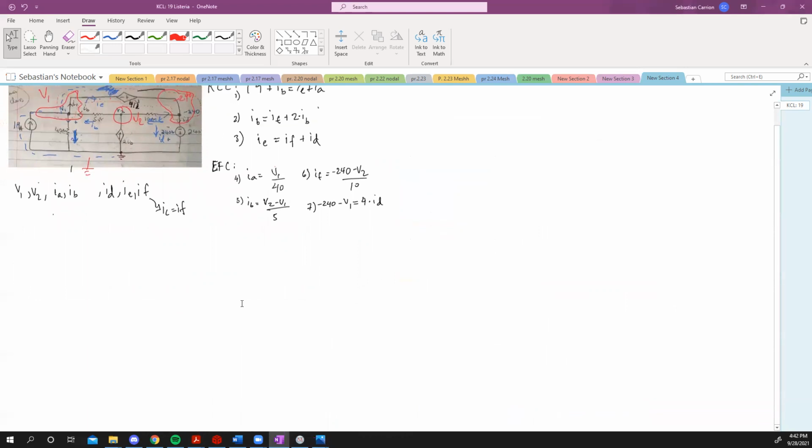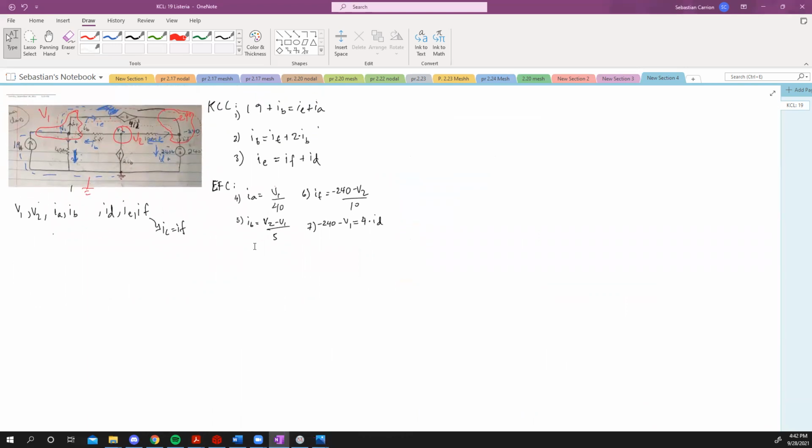So the way I'm solving this problem is essentially nodal, right? It's just combining it. So I9 plus IB, where IB is going to be IF plus 2 IB. I9 equals IE. You don't know what IE is, and then we know IA is V1 over 40. This is our first equation.